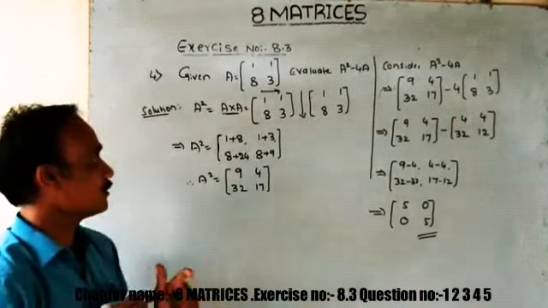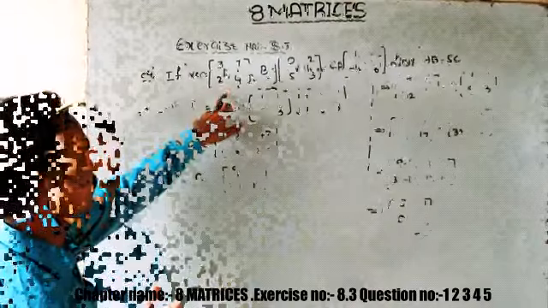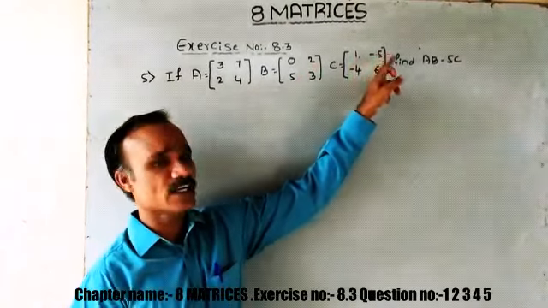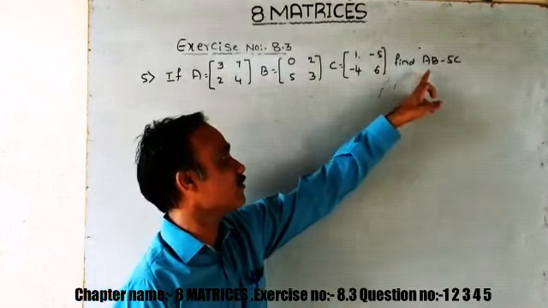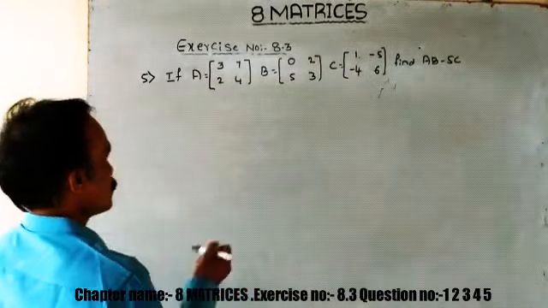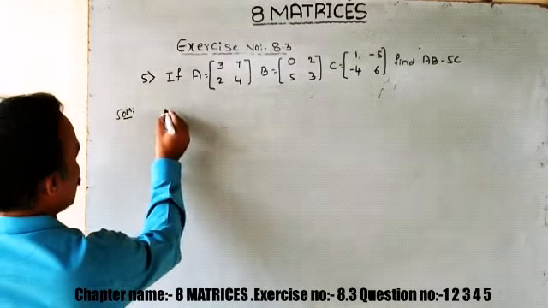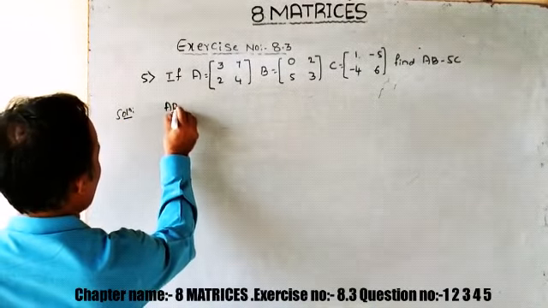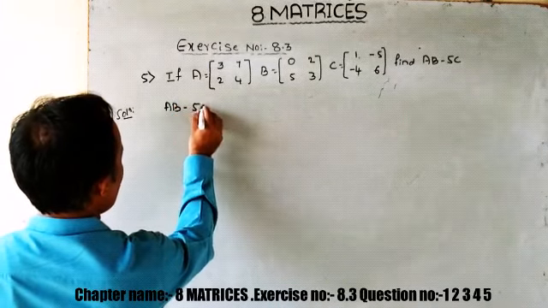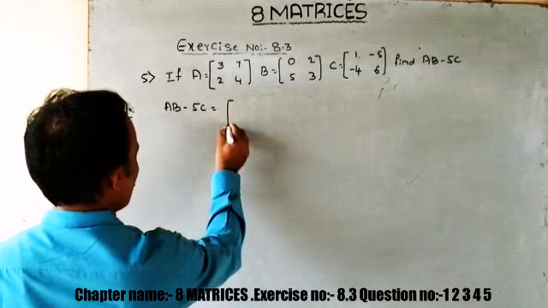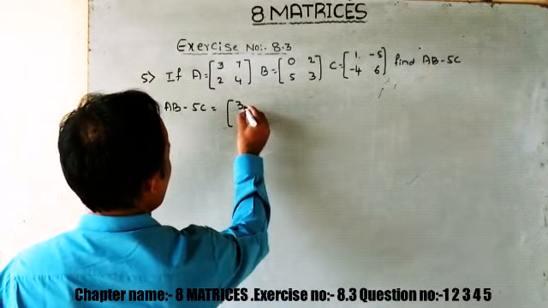Okay, is it clear? A is equal to 3 7 2 4, B is equal to 0 2 5 3, C is equal to 1 minus 5 minus 4 6. Find the value of AB minus 5C. So the solution: AB minus 5C. I told you AB means compulsory.